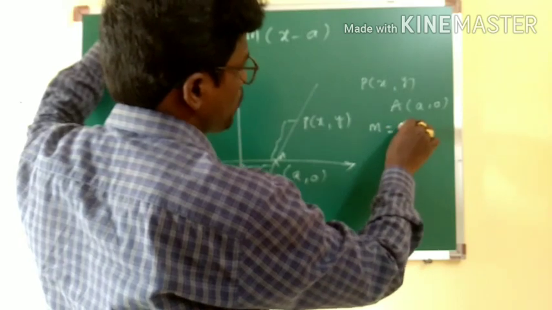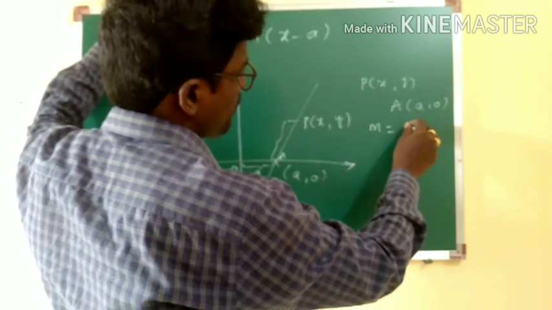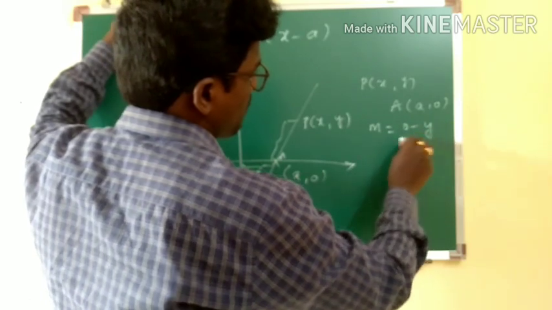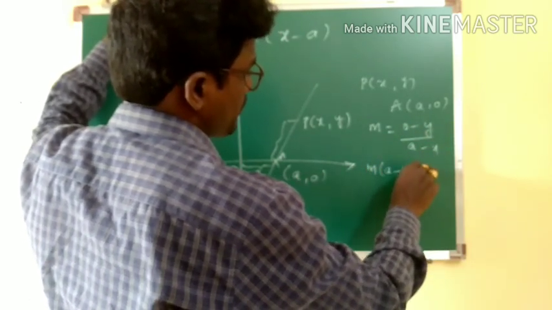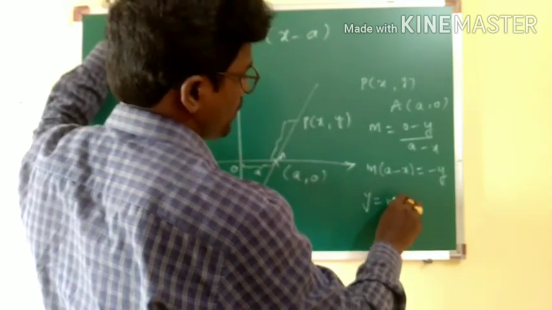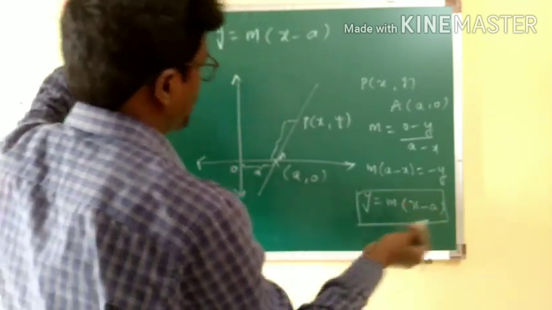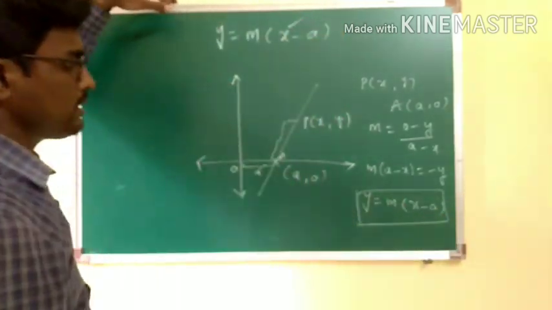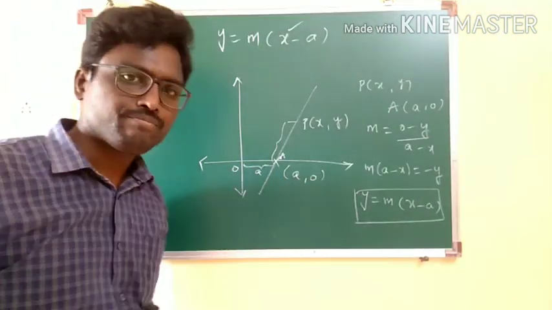Slope m is equal to difference of y coordinates by difference of x coordinates. So 0 minus y by a minus x. m into a minus x is equal to minus y. Multiplying by minus on both sides, you will be getting y is equal to m into x minus a as the equation of the line whose x-intercept is a and slope is m.